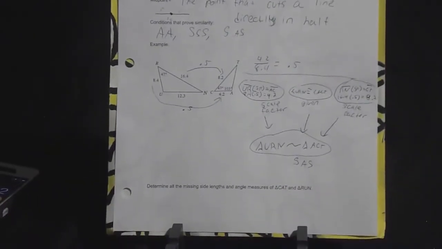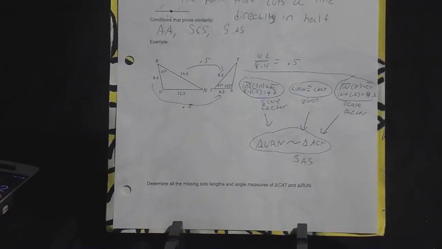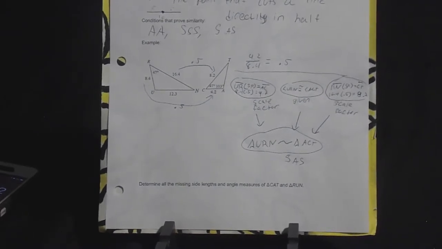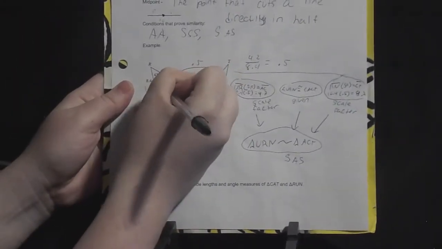So at the bottom, it says determine all the missing side lengths and angle measurements of CAT and RUN, which were the two triangles. And so, in order to do that, right here, remember U went with A, so U is also 103. Remember that a triangle has to add to 180.